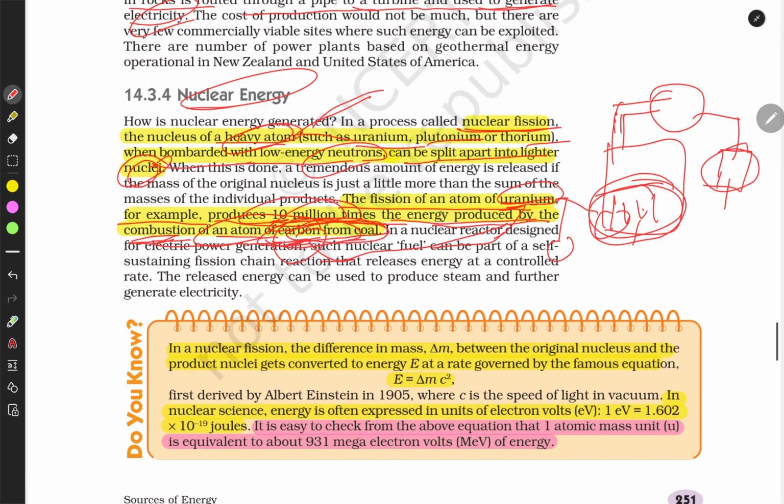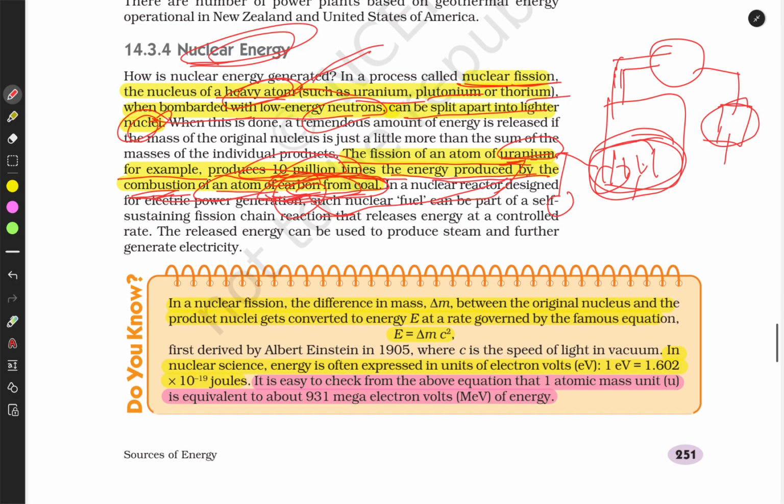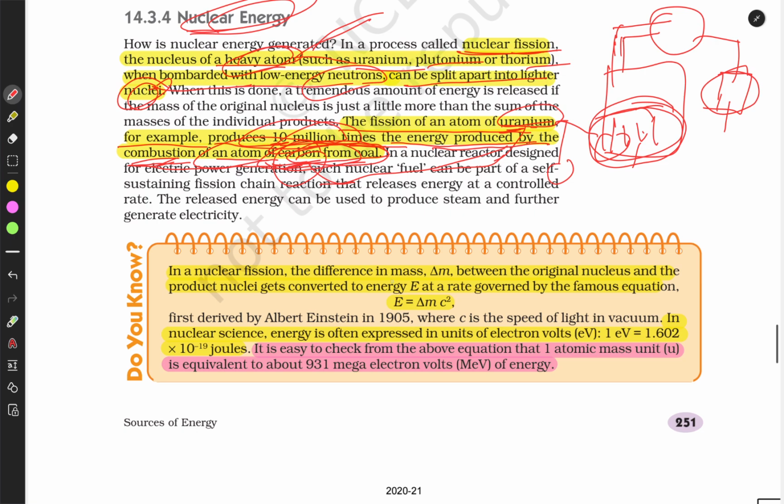And how do we get this nuclear energy? We get it through the formula E equals mc square. In nuclear fission, the difference of mass between the original nucleus and the product nuclei converts into E. When the heavier nucleus bifurcates into lighter nuclei, the extra mass converts into energy with this formula E equals mc square.